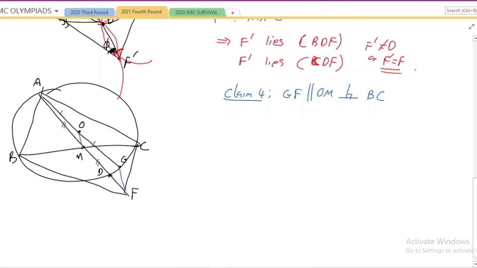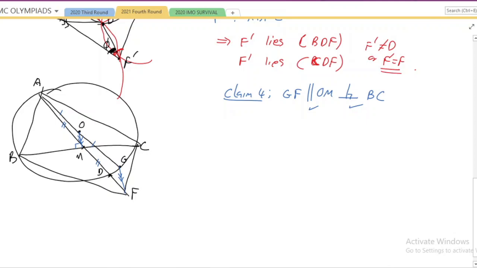So it means that if we connect that, it should be parallel with GF. It should be half of the length GF. Okay, so that proves the parallel part. And obviously, since O is the center and M is midpoint of a segment, then this is a right angle. So that completes claim 4.